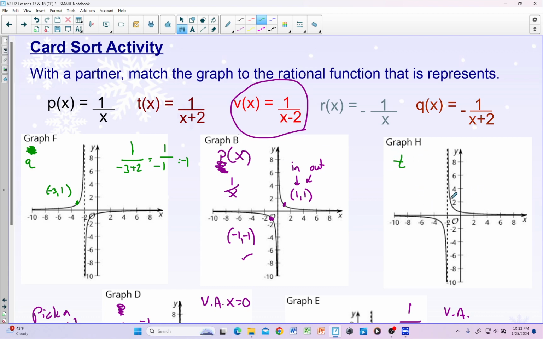And you can prove it by plugging in this point right here, negative 1, 1.